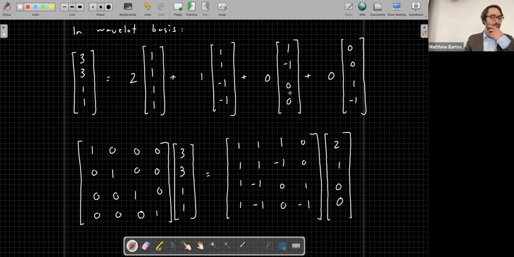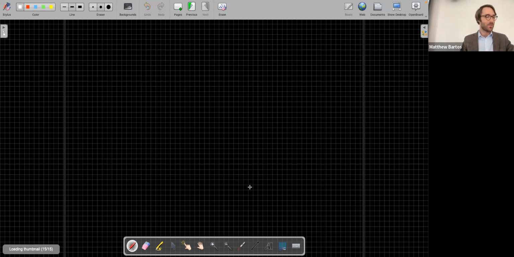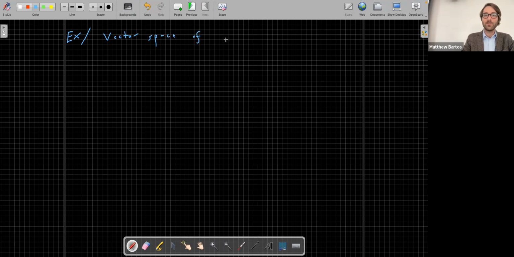All right. I'll give you another example very quickly, just to illustrate that this is not just for what we conventionally think of as vectors. Let's say we're looking at the vector space of polynomials. This is something I think you'll be looking at in a future homework.